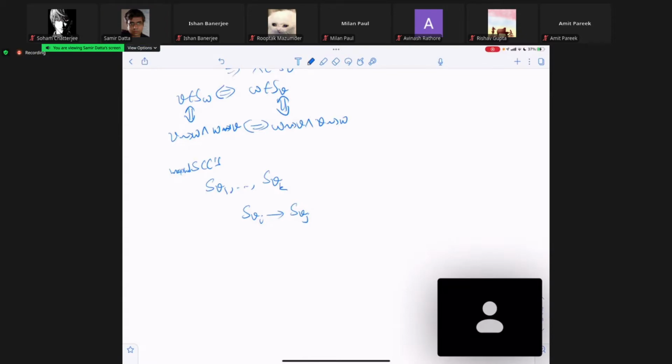Okay. So now we start to build a graph from these strongly connected components.